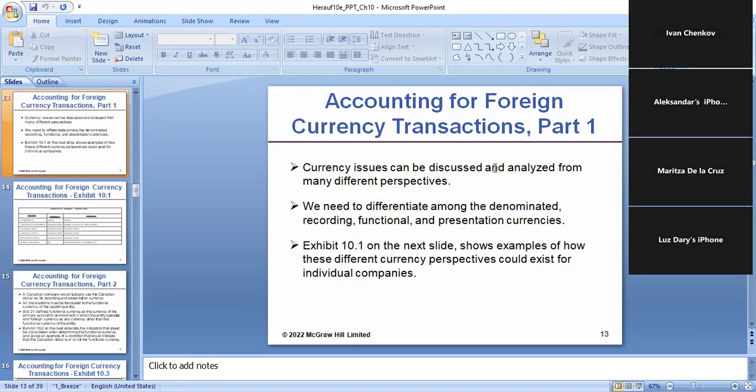So for the foreign currency transactions, let's go with the foreign currency transactions. Currency issue can be discussed and analyzed from many different perspectives. Now we need to differentiate among the denominated, recording, functional, and presentation currency.